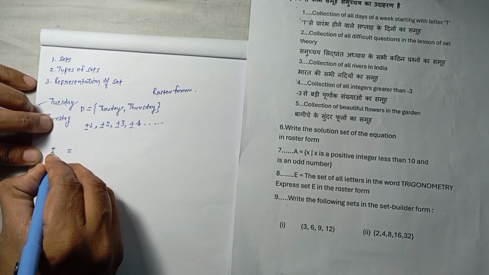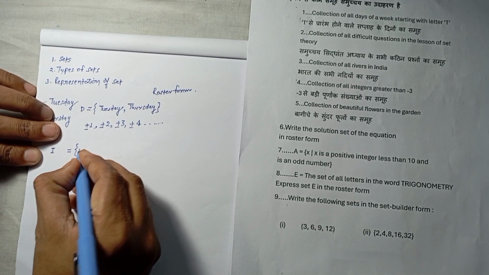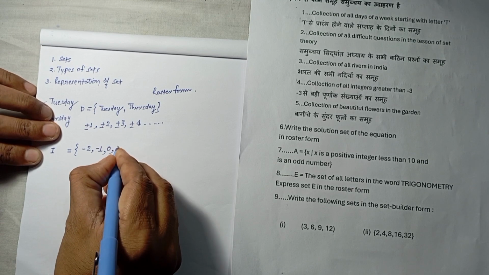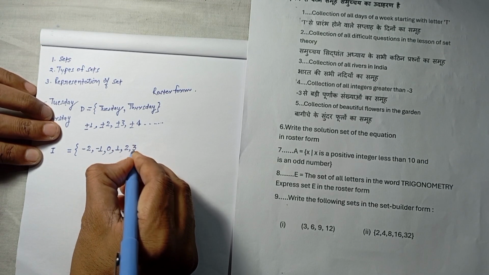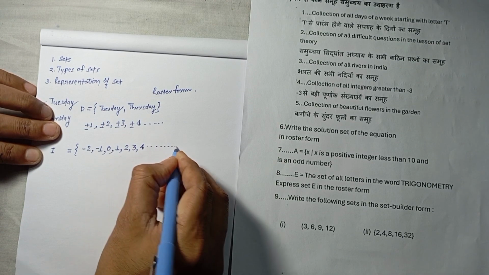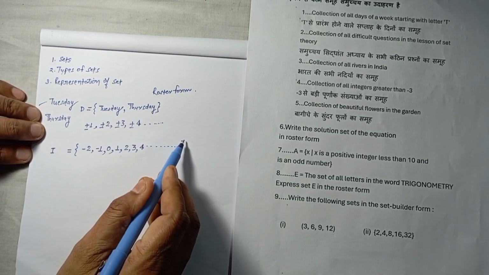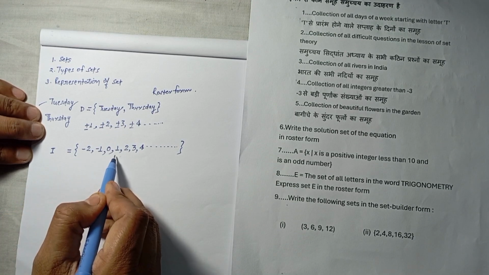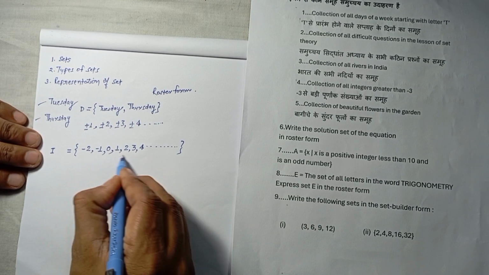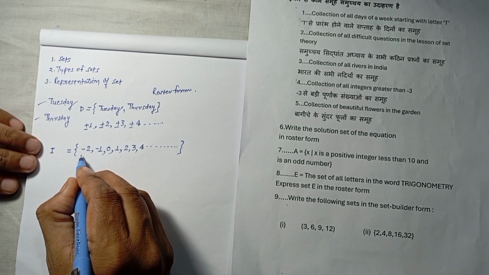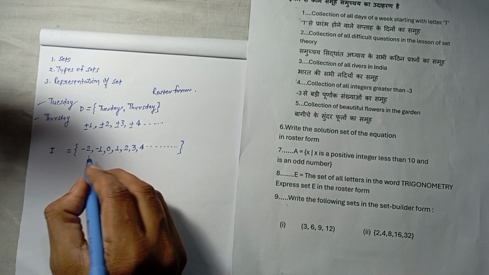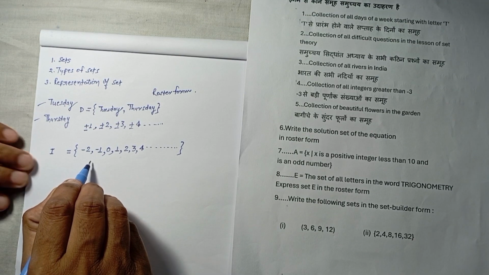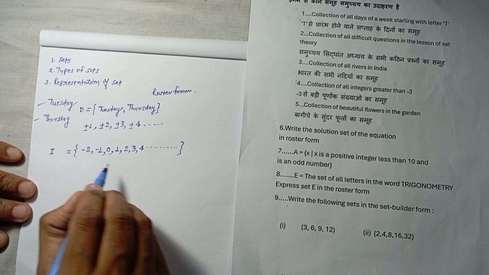Collection of integers greater than -3 will be -2, -1, 0, 1, 2, 3, 4 and so on. Okay, this is a collection of all the integers which are greater than -3. Now you can see that this is not a finite collection, this is an infinite collection, or infinite set. This may be an example of an infinite set. Clear? So I think this example was very clear to all of you.